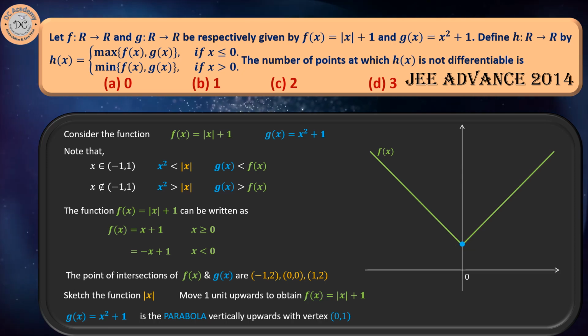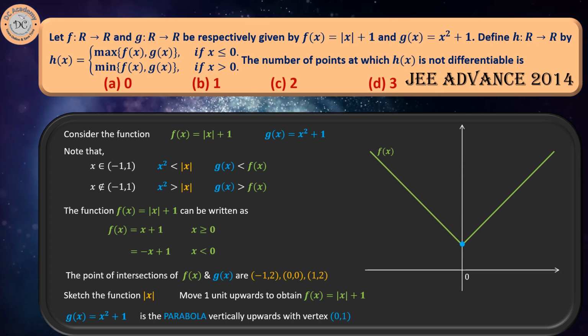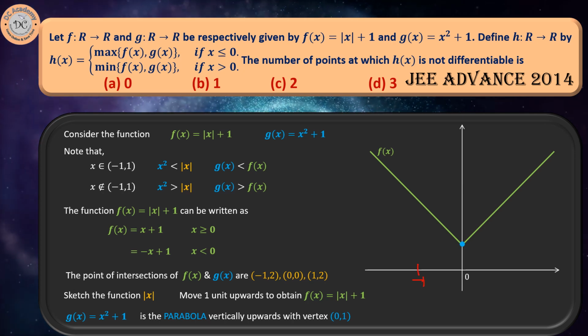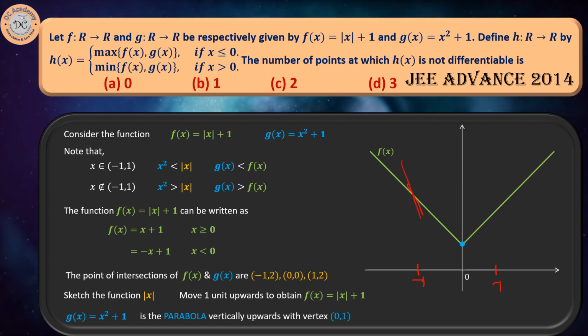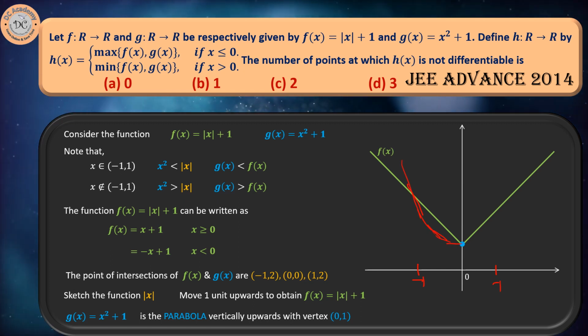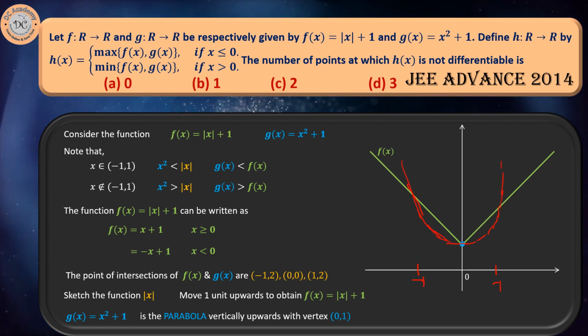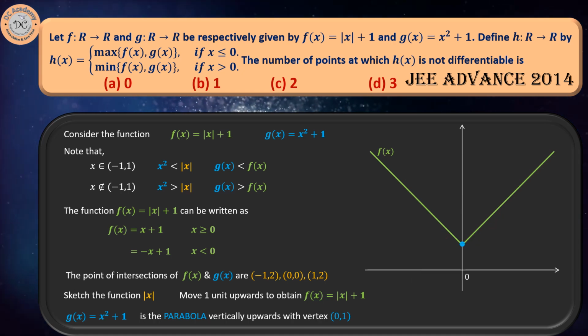Let's try to sketch the parabola: when x lies between -1 and 1, our parabola lies below the f(x) curve, and afterwards it increases. So that's the phenomenon, which is the analysis we did earlier.